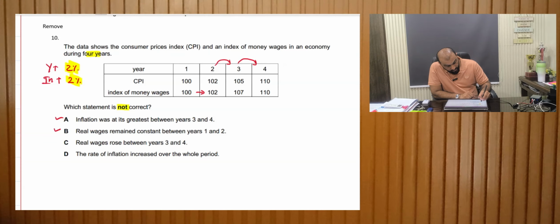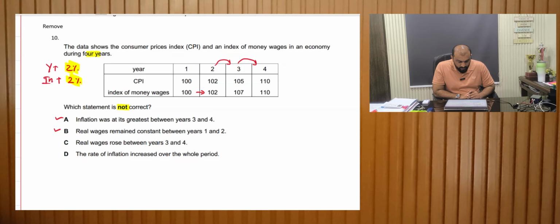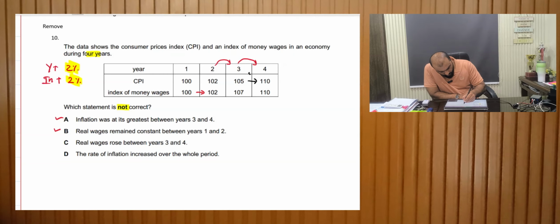So this is correct. The real wage rose between year 3 and year 4. Now, year 3 and year 4, the inflation was 5% and the incomes increased by 3%.